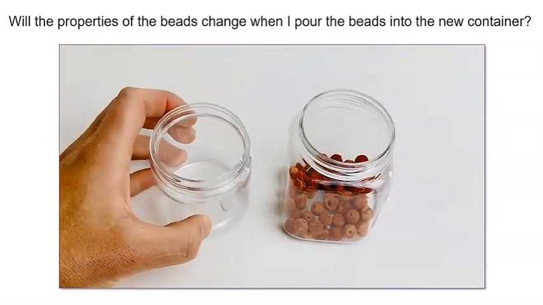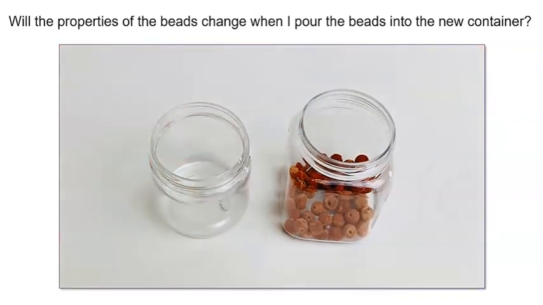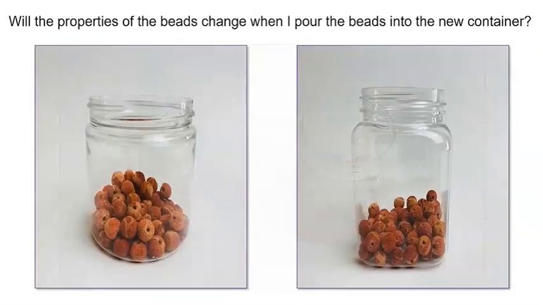The beads poured like a liquid, and they spread out in the new container. But the properties of each bead are still the same. The color, shape, size, and other properties of each bead do not change when we pour the beads into a new container.